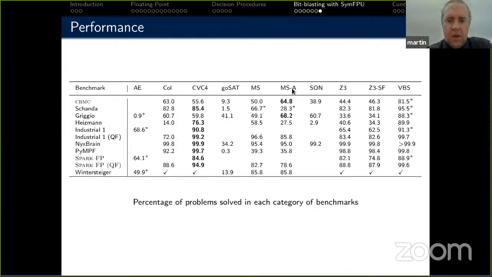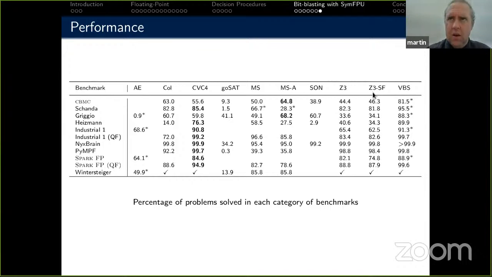MathSAT with the ACDL, this combination of CDCL and interval reasoning. Then Sonolar. Sonolar is interesting, and again, shout back to Conway's law. Sonolar was written by one PhD student, and years later he's still outperforming us on one set of benchmarks. This is Z3.